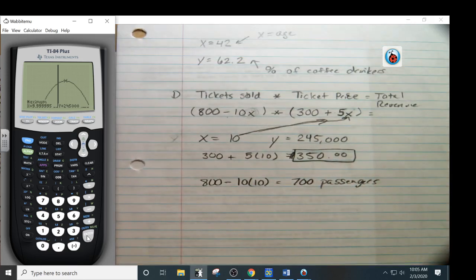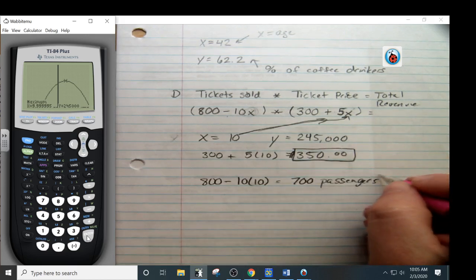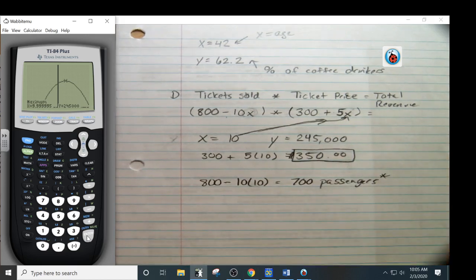Okay. So at that rate, if they raise the rate $5, there's going to be 700 passengers instead of 800. Yes.